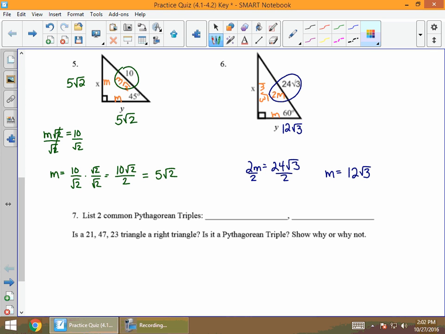And x is equal to m times radical 3. Well, if I think about this, let me show you over here kind of what's going on in my head right now. I have 12 radical 3 and then another radical 3. So 12 radical 3 radical 3.